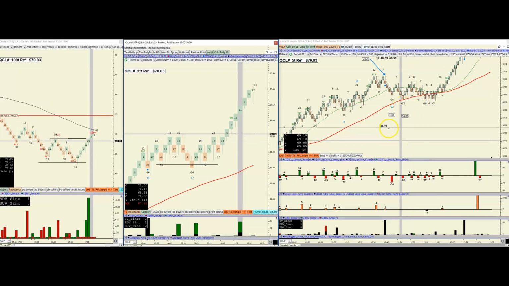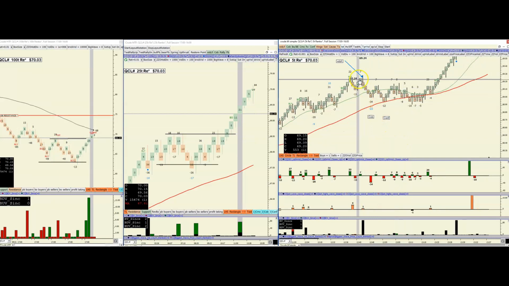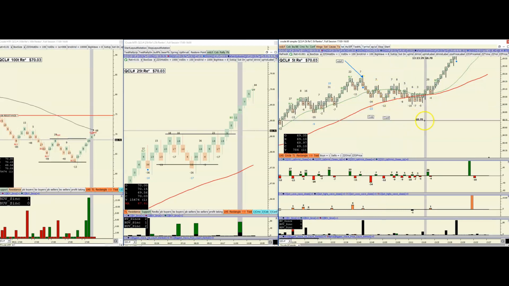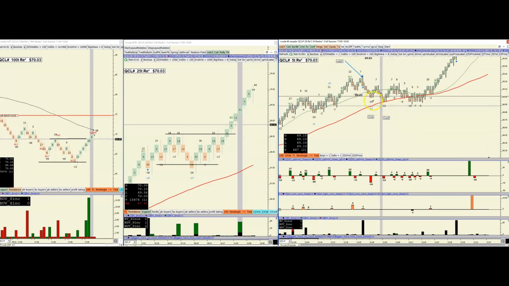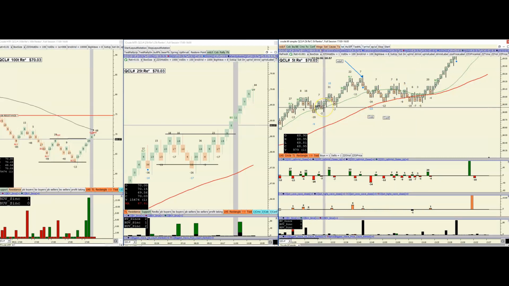And I guarantee you, folks would see this and they see a high and whatever, and they're going to short it. Guaranteed. Here is where the volume picks up because the reaccumulation is being done here. It doesn't hit the stops.